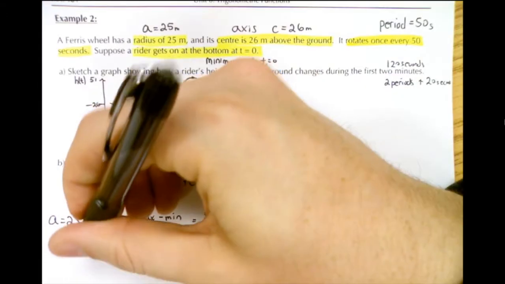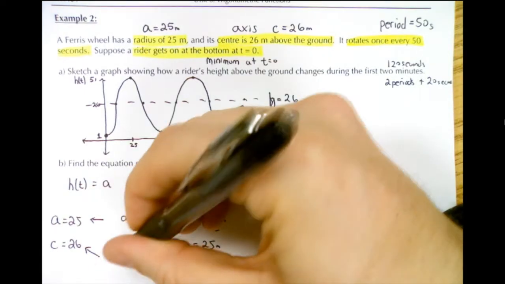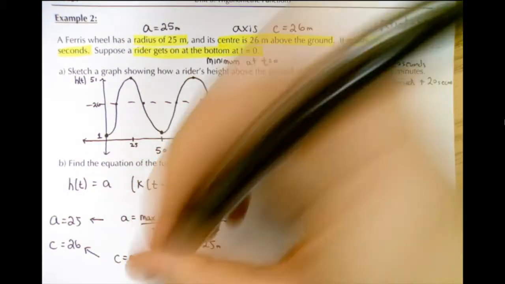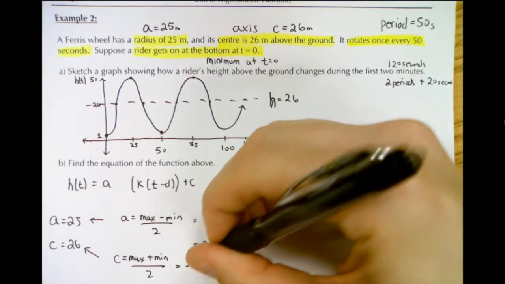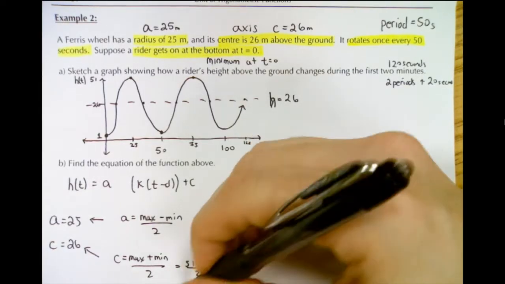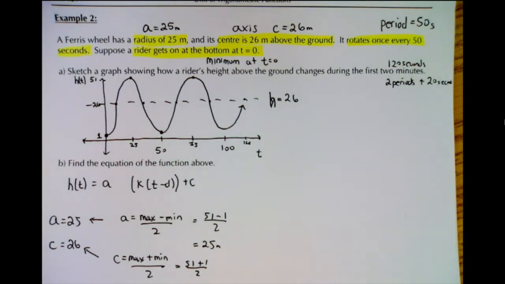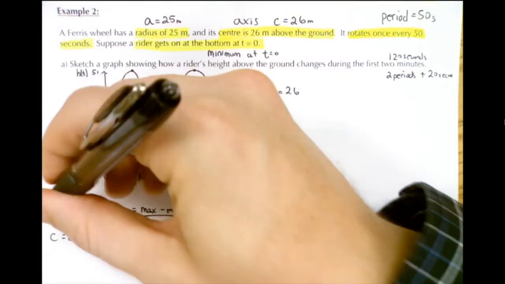And if you want C, you can find C by doing max plus min divided by 2. That would be 51 plus 1 over 2, which is 52 divided by 2, which is 26. So you can actually find them from the max and min, but they are given to us in the question, so we don't have to do that work if they're given to you.